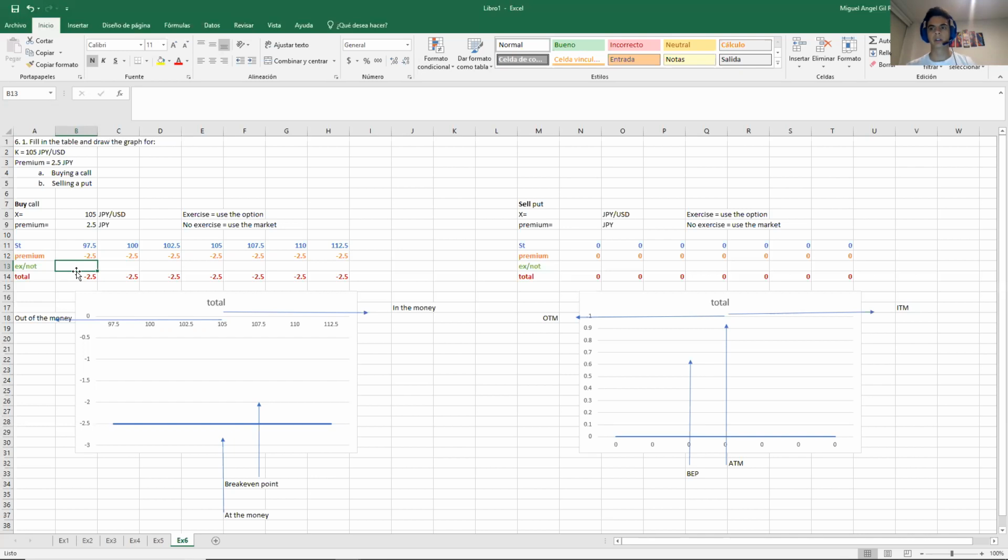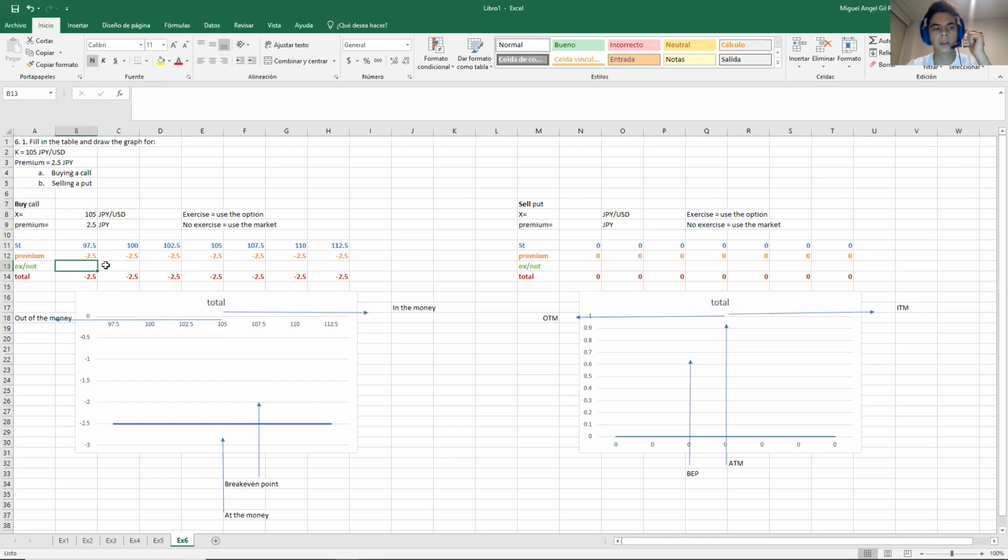So exercise or no. Remember, exercise means that the person who has the right to decide is going to use the strike to buy the dollar. So who has the right to choose? In this case, we have the right because we are buying a call.